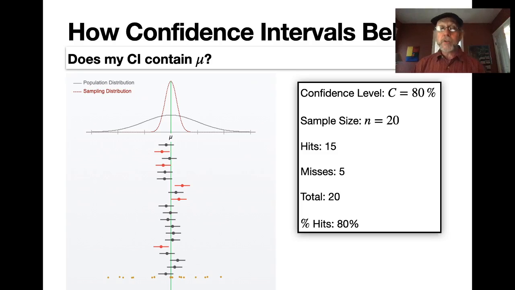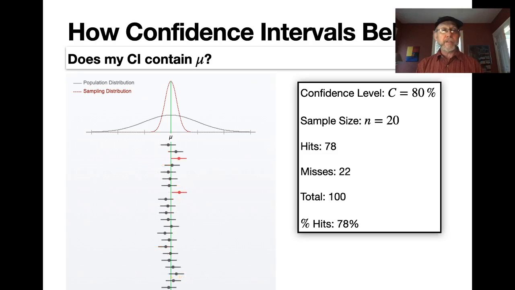And as we continue to take more, you'll occasionally get misses and occasionally get hits. The percentage will vary somewhat around 80%, but the variation will become less and less the more you take. So now I've taken a total of 100 different confidence intervals, and the hit rate is 78%, very close to our confidence level of 80%.